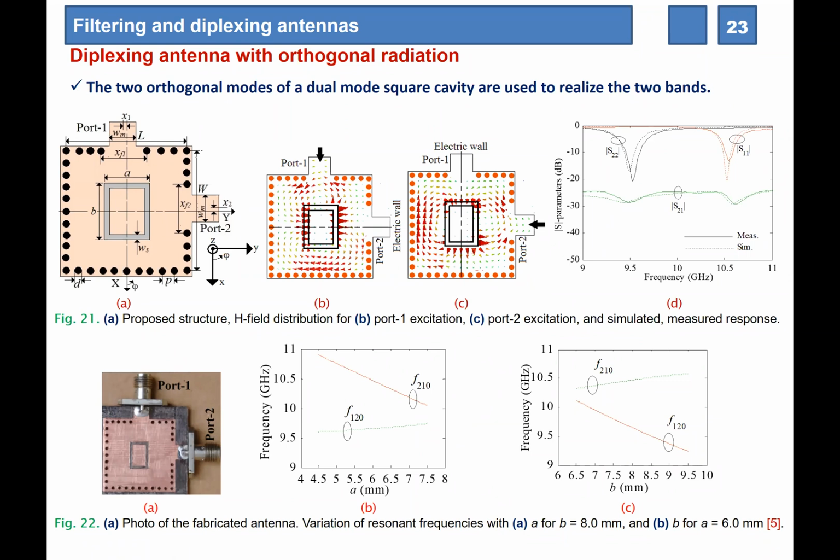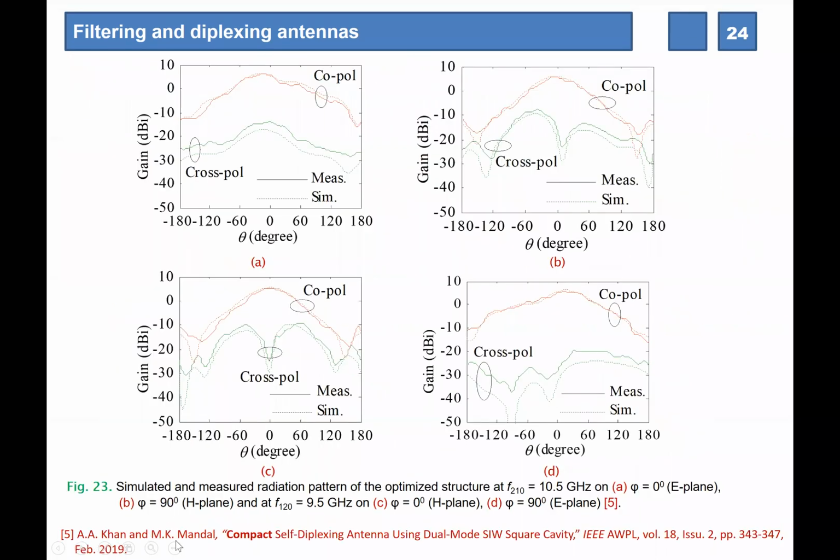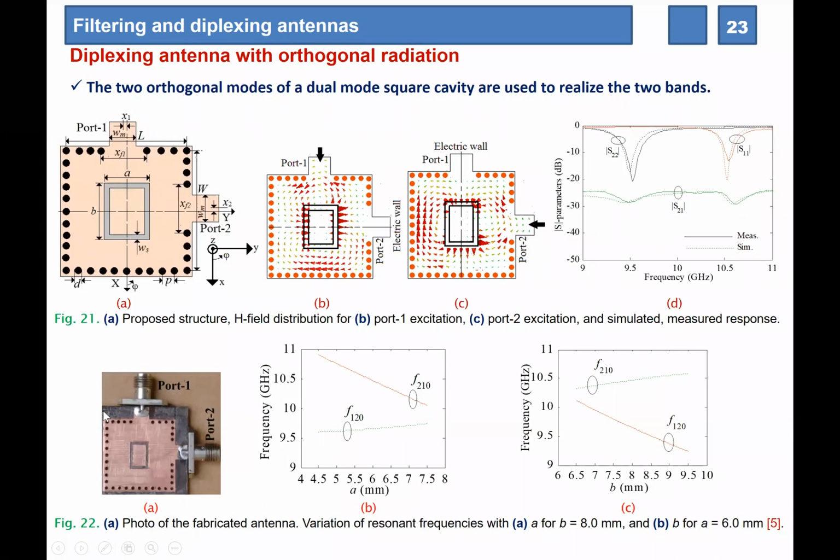This is another duplexing antenna, and this is actually my work. So here you can see there is one square cavity. It will support TE102 and TE201 at the same frequency. How it is creating that isolation between these two ports, you can find in detail in the published paper referred as 5, but here I will discuss that.